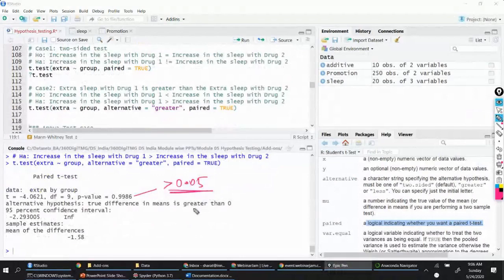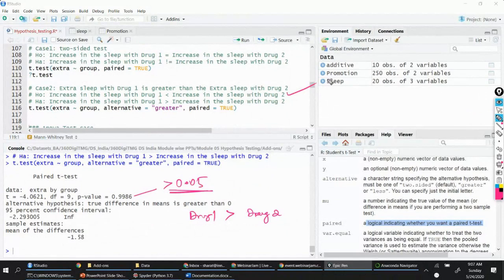P high, null fly. That basically means we fail to reject the null hypothesis.